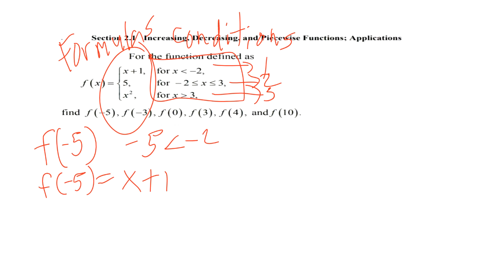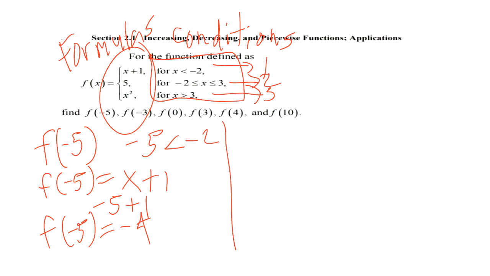So we just input -5 because -5 is what my x is. -5 plus 1. So f of -5 is -4. I don't like how that 4 looks, but you can't erase it. When you erase, you have to erase the whole board. So f of -5 is -4.